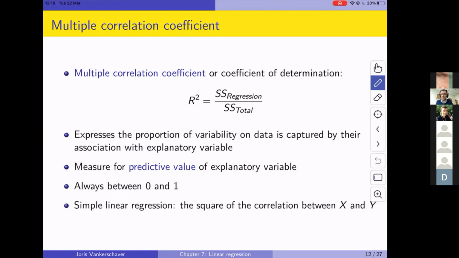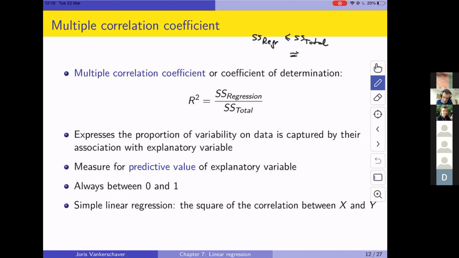And to understand that a little bit more, let's look at the mathematics from a few different angles. So let's look at the third property on the slide here. So this R squared is always going to be between 0 and 1. Why? Well, we have that the sum of squares of the regression is less than or equal to the sum of squares of the total, because sum of squares total is sum of squares regression plus something else, and that something else is positive.